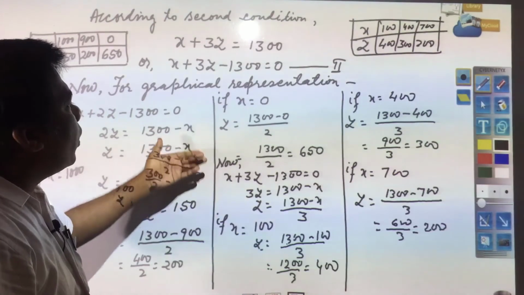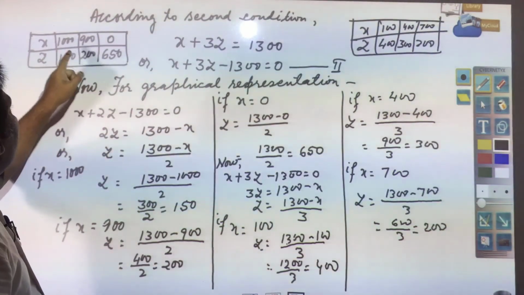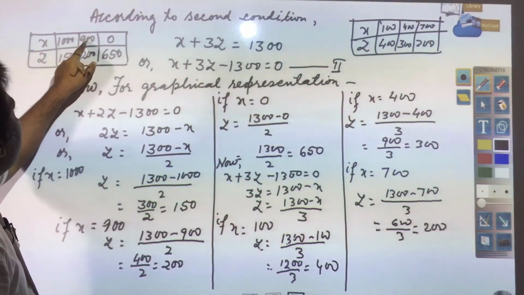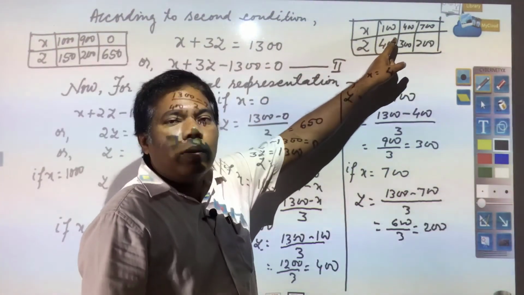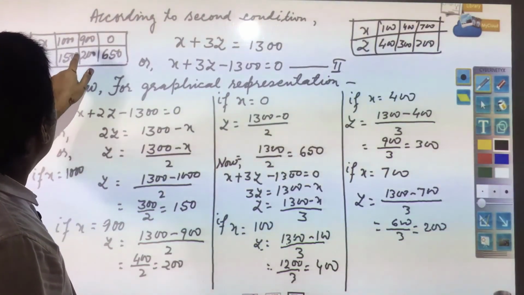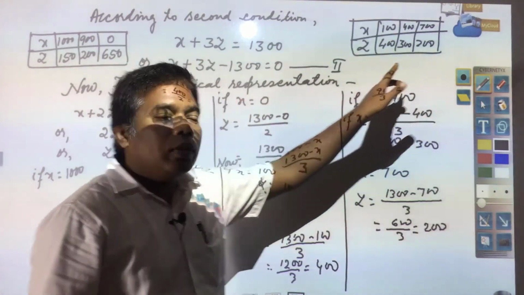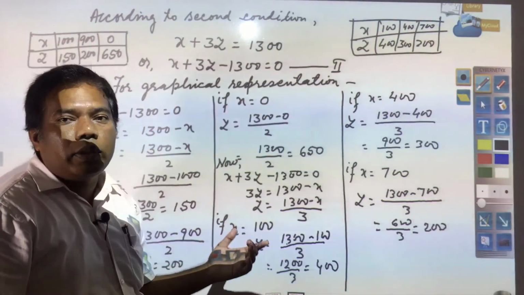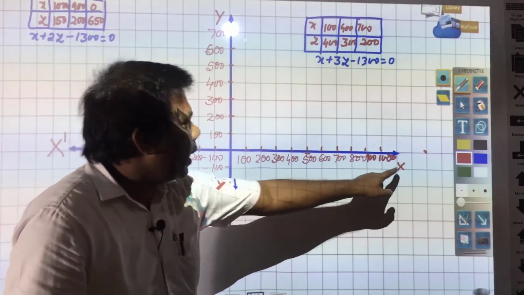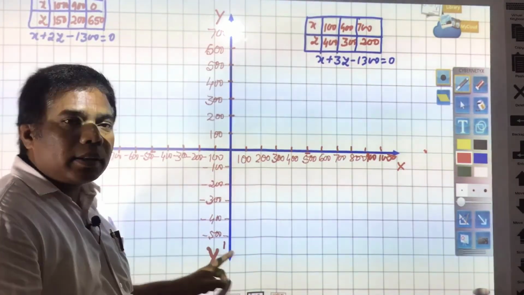So, now we can plot the graph, and for that, on the x axis you have 1000, 900, 0, 100, 400 and 700, and on the y axis you have 150, 200, 650, 400, 300 and 200. So, bigger numbers we need to assume. X axis x, x dash, this is your y axis, y and y dash.